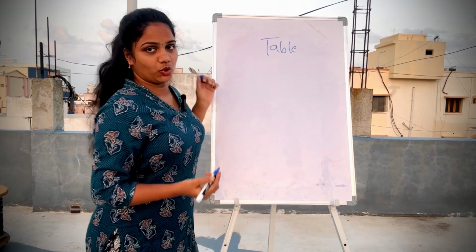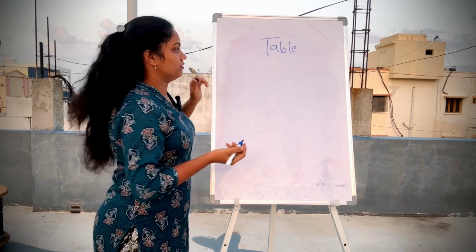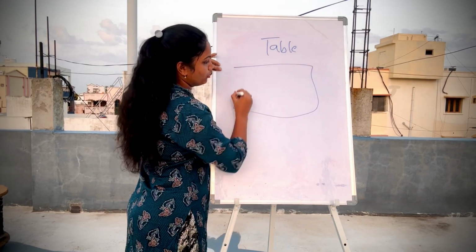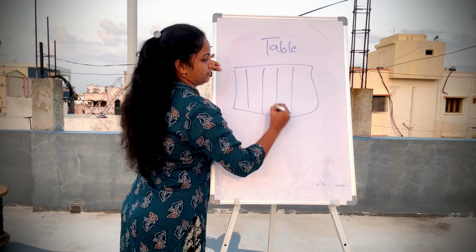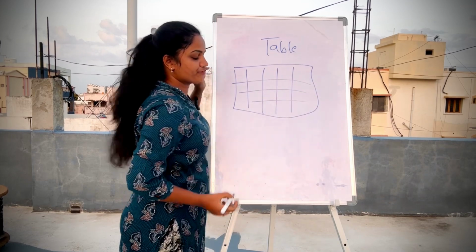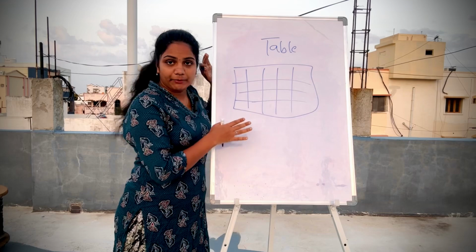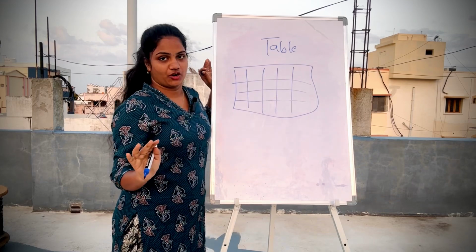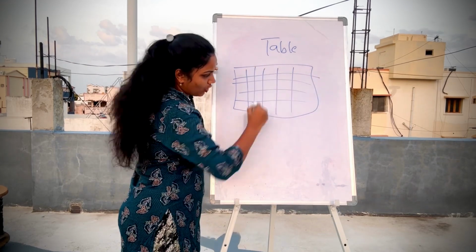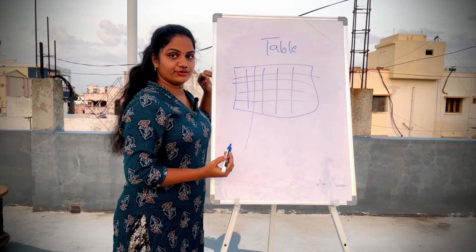This is a very simple topic. What is table? That you all know. Table will look like this, right? Table is a combination of rows and columns. Understood?